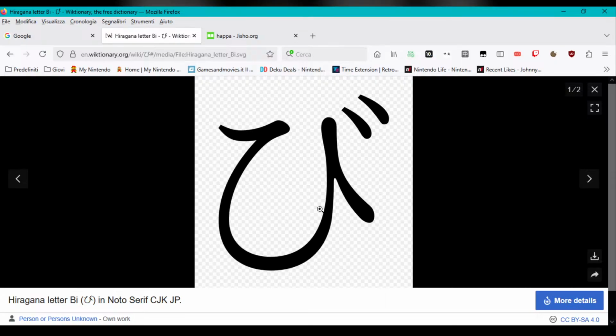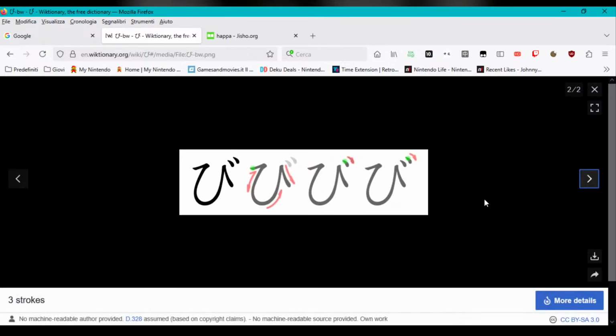So again, left to right, top to bottom with the curve up, and then top to bottom, and the Dakuten. Left to right, top to bottom with the curve, we go back up, and then top to bottom, and the commas, the Dakuten. As we can see also here, the single stroke for he, and then the Dakuten.